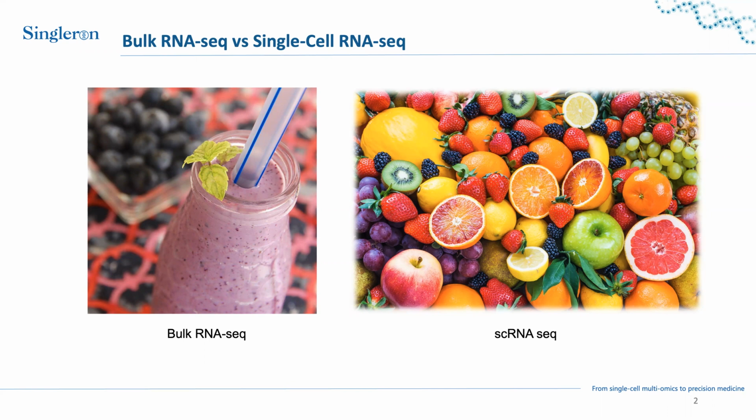You will not be able to identify which fruits are in there and how many of them. Whereas single-cell sequencing we can compare to a fruit salad. With this, you can identify which fruits are there, how many, and look at the individual fruits. In the case of sequencing, we can look at the gene expression of individual cells.